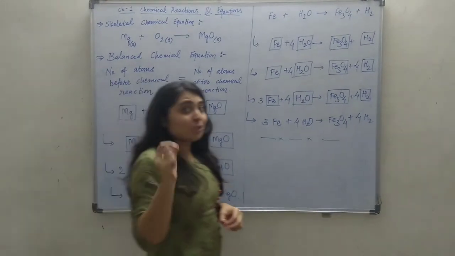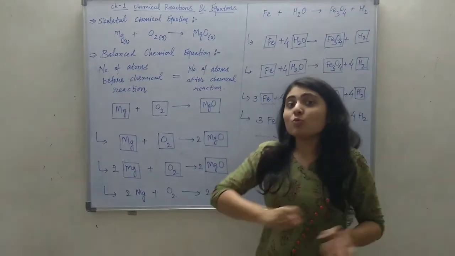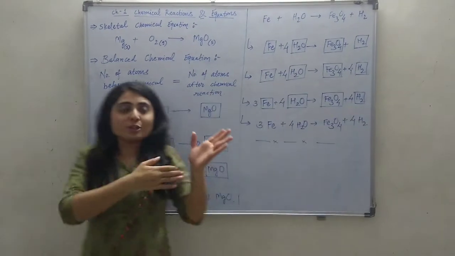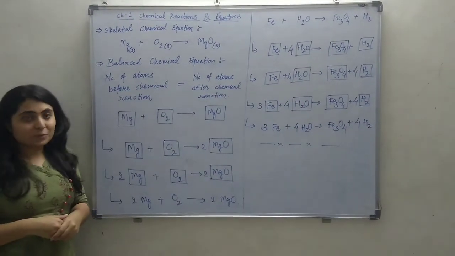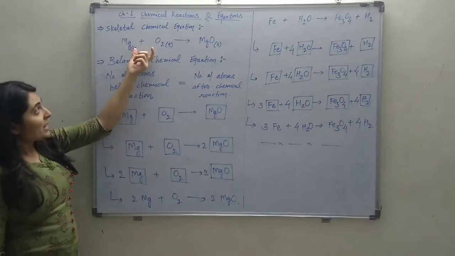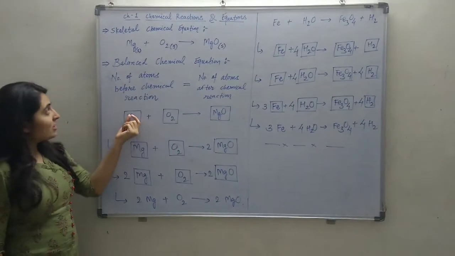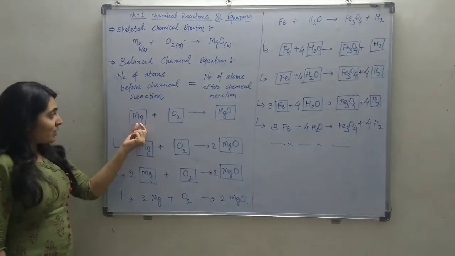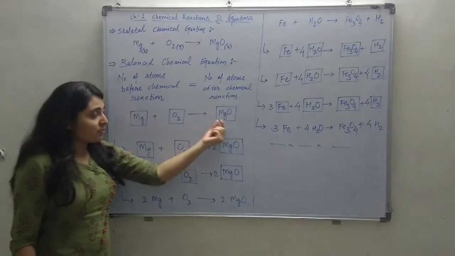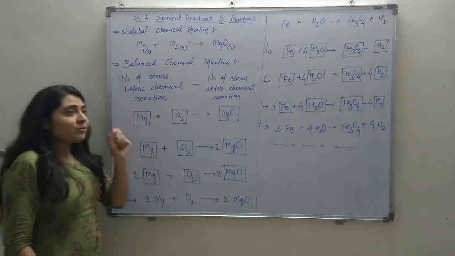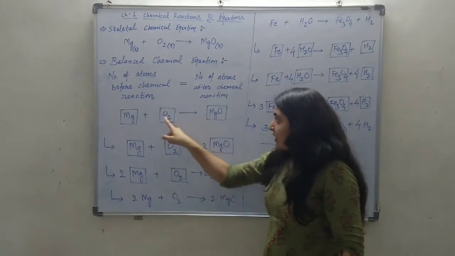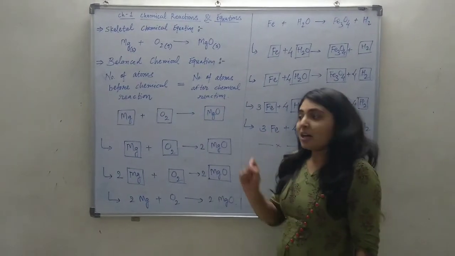If any equation is not balanced, then we need to balance it by following simple steps. So let us balance our equation, the combustion of magnesium. I am writing the equation: magnesium plus oxygen gives magnesium oxide. Our first step is to draw a box around each chemical formula.